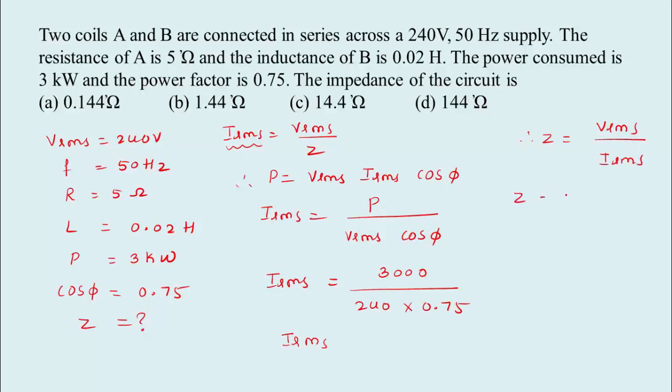So Z equal to, that is Vrms is 240 divided by Irms value, that is 3000 divided by 240 into 0.75. So we can calculate all these values, we will get 14.4 ohm. Here again it is not necessary to calculate separately, so directly we can substitute here. So final calculation, we can get the result 14.4 ohm. That is option C is right.